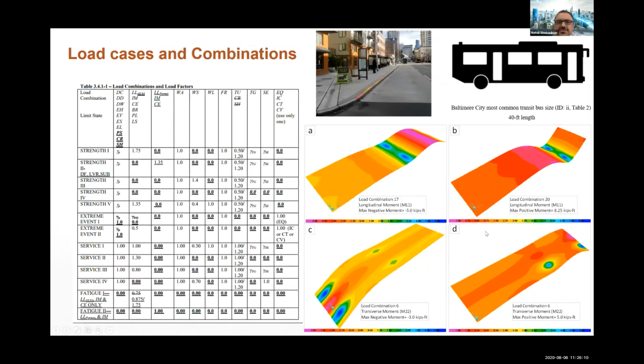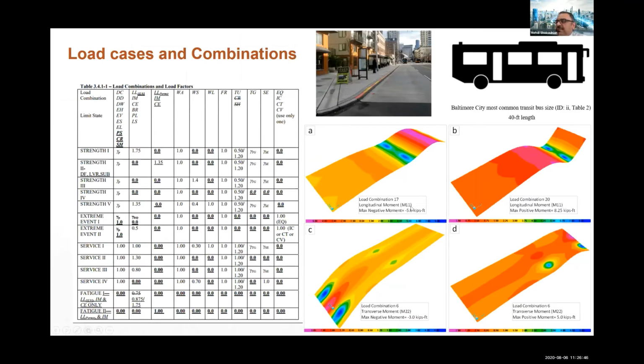The total number of load combinations that we actually used in this study was around 131 loading scenarios, combining different loads and also considering all of these load factors that are indicated in the AASHTO code. Figures A to D are showing the maximum critical load in the transverse and longitudinal axes.